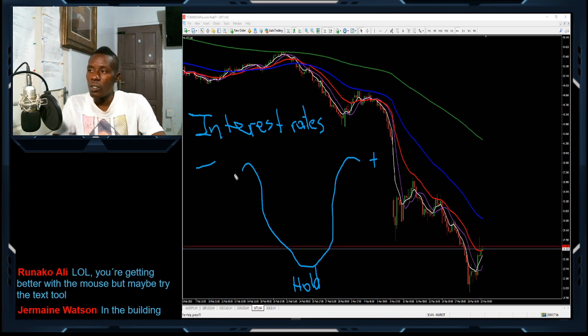So during the interest rate cycle, when interest rates are cutting, when they are decreasing, we are at a contraction.